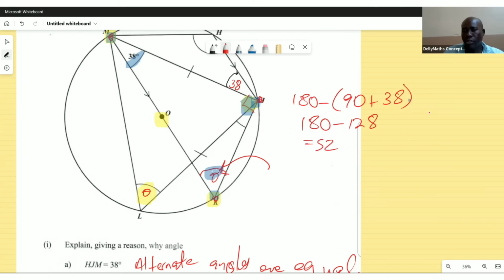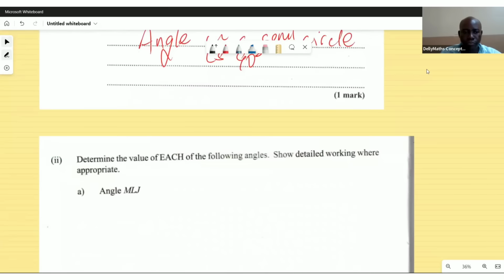I like to double check. So it's 52, which means this angle is 52, therefore this is 52 as well. So that angle down here is 52 degrees.